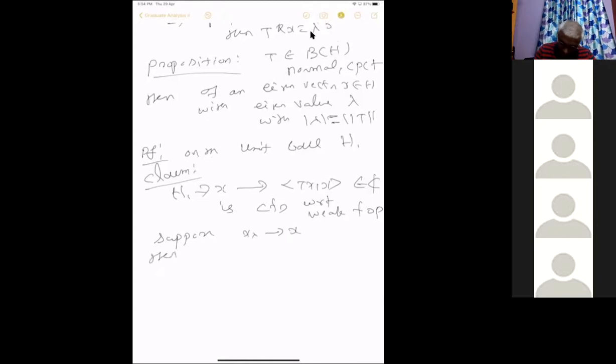Then |<Tx lambda, x lambda>| minus <Tx, x>. We want to show that this goes to 0.